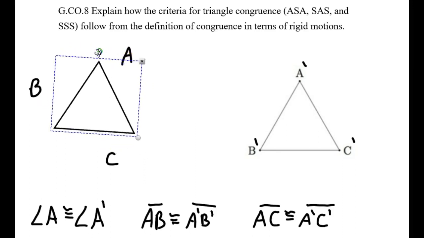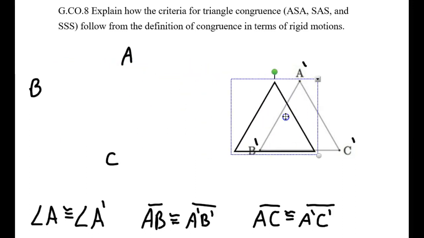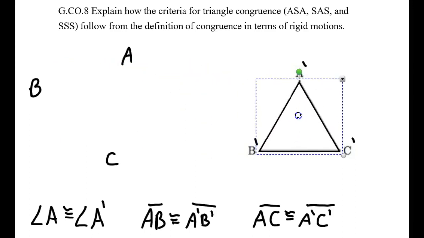If I rotate that counterclockwise and then perform a translation, I perform two transformations. A rotation, we know that's a rigid motion, it doesn't change the size. Then I perform the translation, that's a rigid motion, it doesn't change the size. So if I perform any series, I know these two triangles are going to be congruent, and they are. They lie on top of each other.